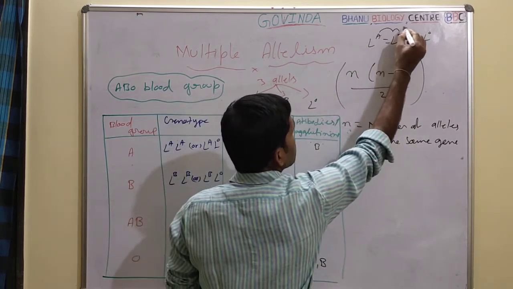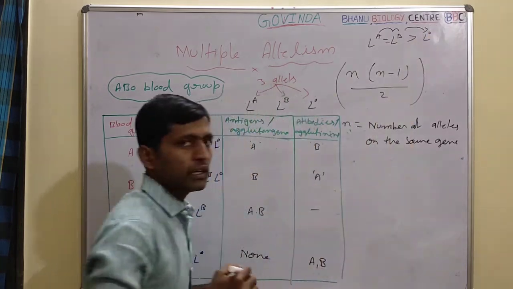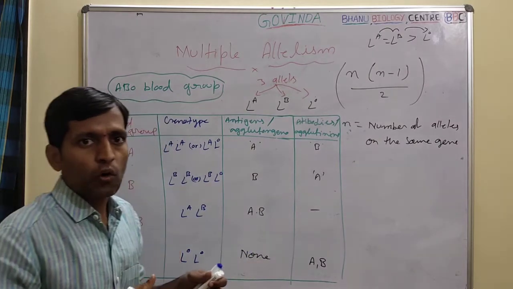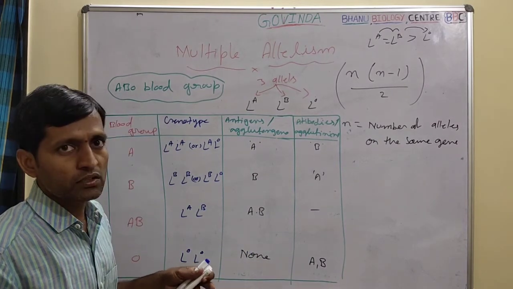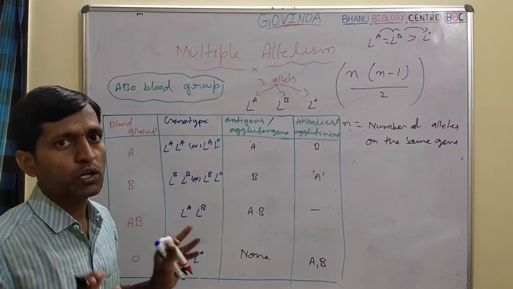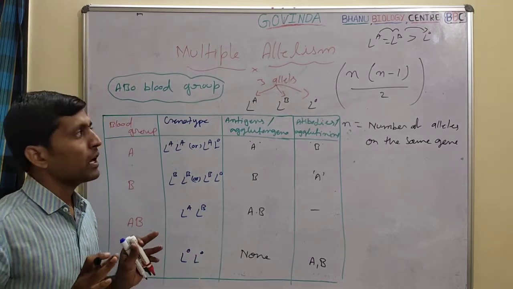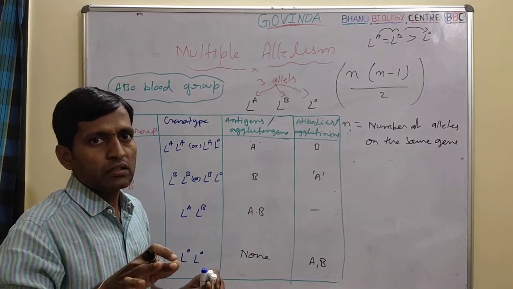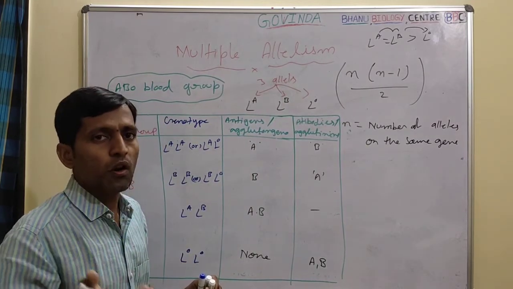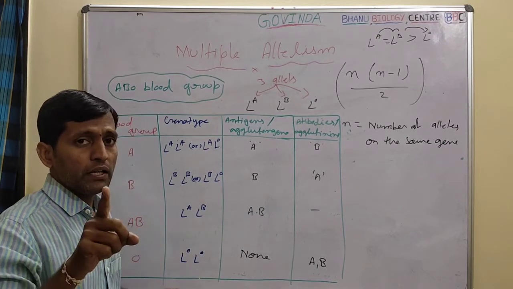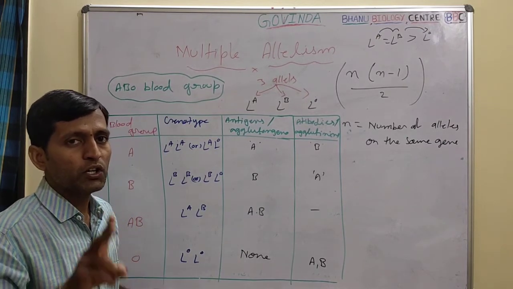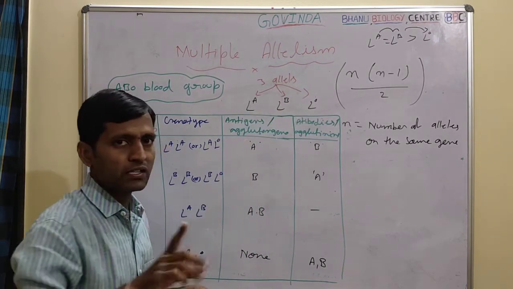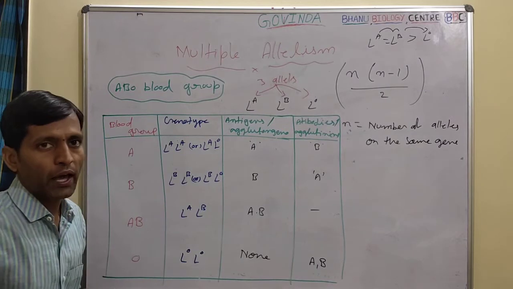These two alleles are dominant over that allele, but these two are equally dominant and express their characters independently in the F1 hybrid. That is what we learned under the codominance concept. Even though three alleles of the gene are present on the same locus of the homologous chromosome, a diploid organism has only two of these three alleles.